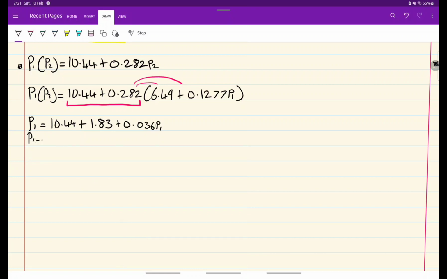Do it up here. P1 minus 0.036 P1 equals the sum of that, which is 10.44 plus 1.83, 12.27. We'd have 0.964 P1.